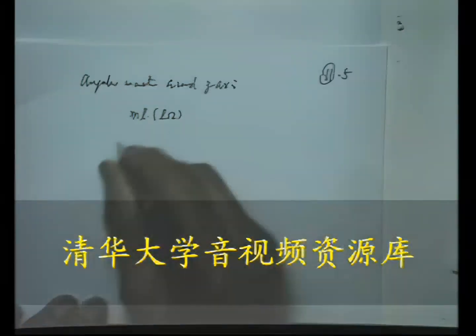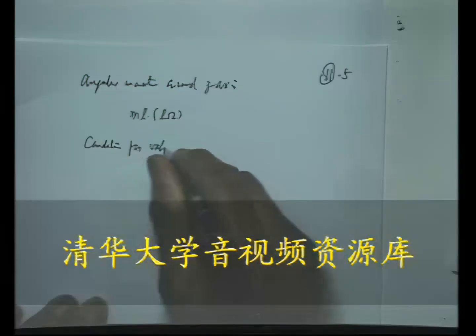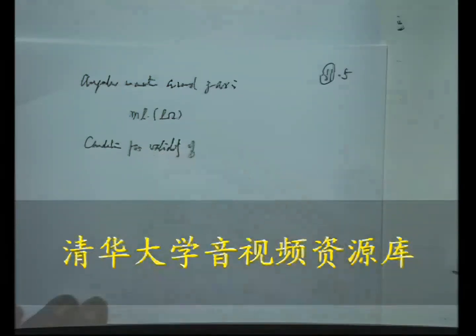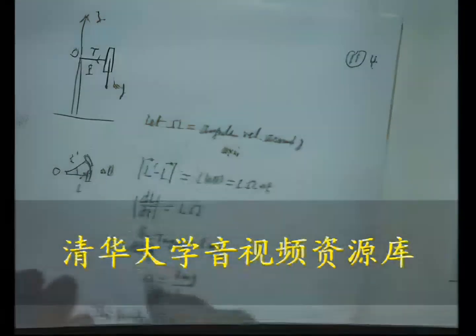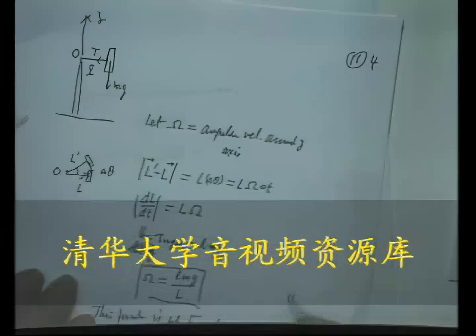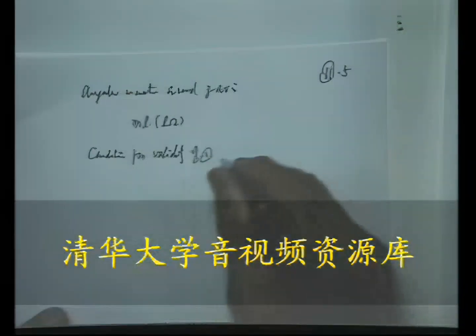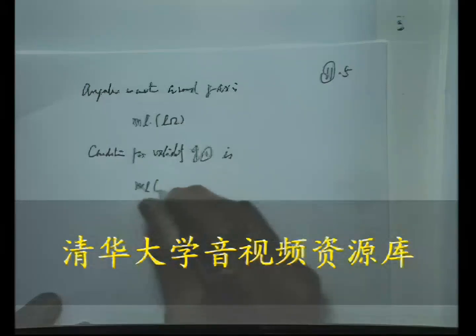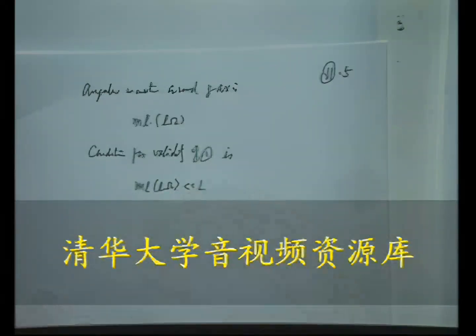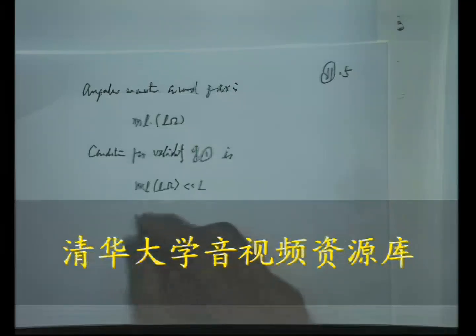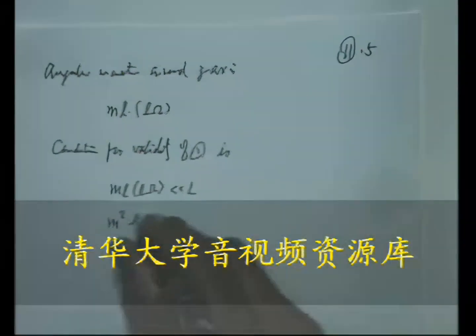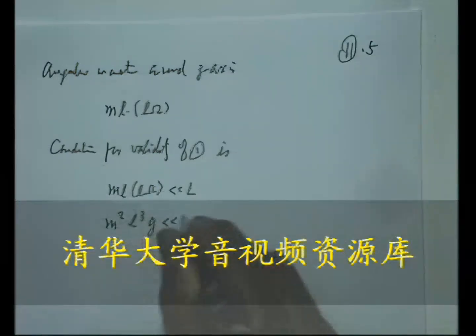So the condition for validity of the formula is m l times l omega is much less than L. Okay, if you write this formula down, it becomes m squared l cubed g has to be much less than L squared.